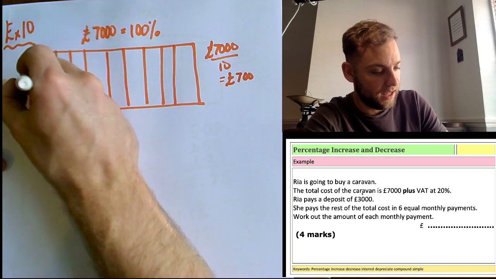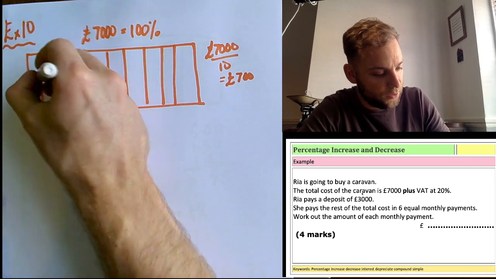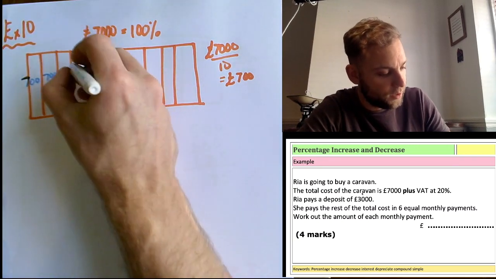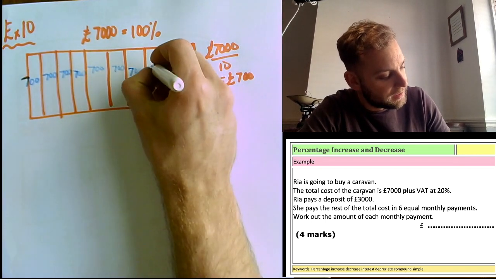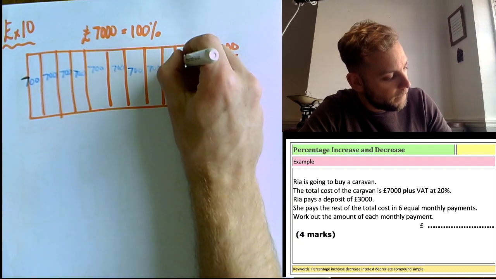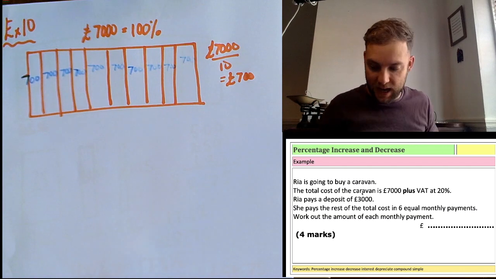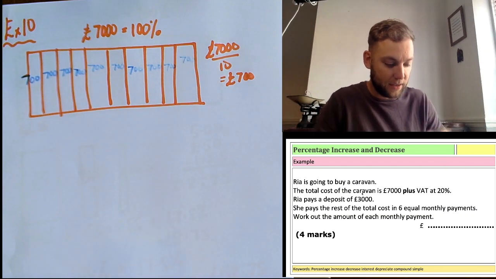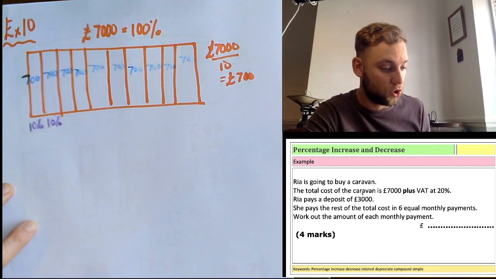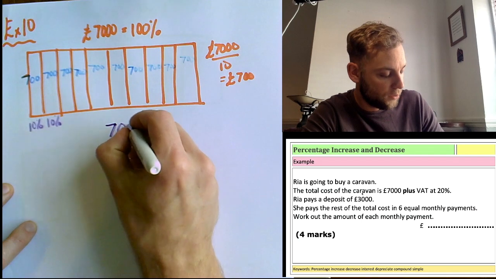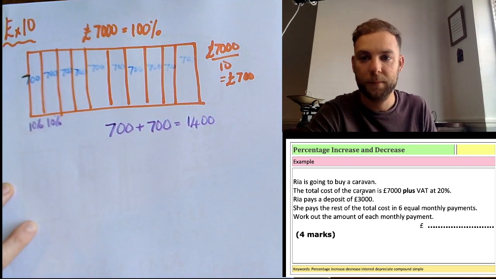So I know that each of these, I'm doing different colours so we can see it, is worth 700, 700, 700, 700, 700. All of these here are worth 700. Brilliant. So, if I want to increase by 20%, it's going to be this one here, 10% and 10%, which is equal to 2 of these, which is 700 plus 700, which is equal to 1,400.